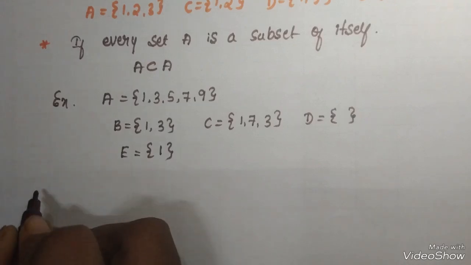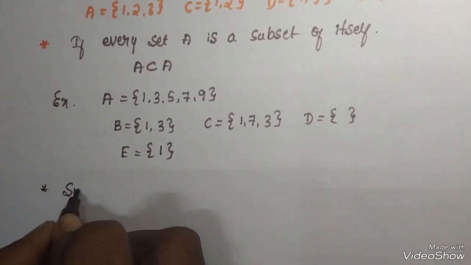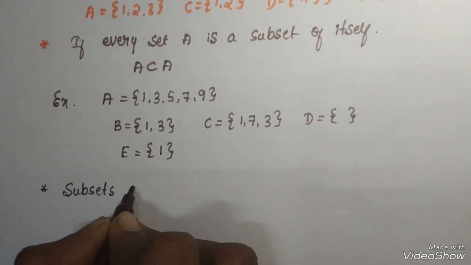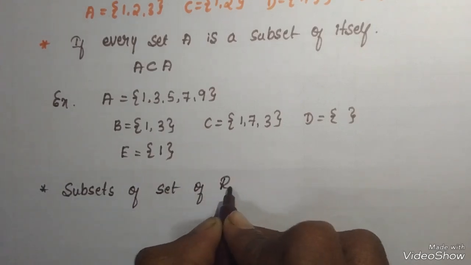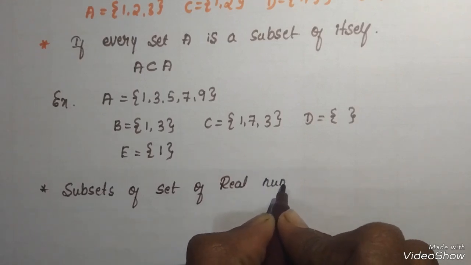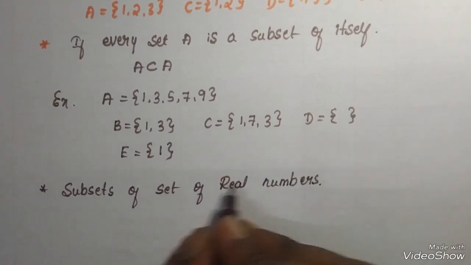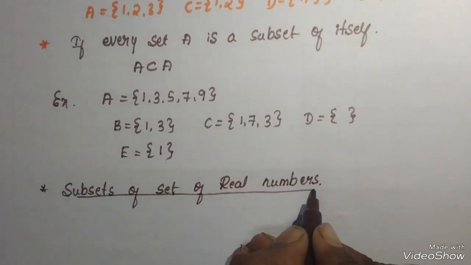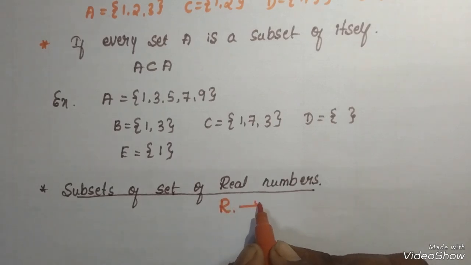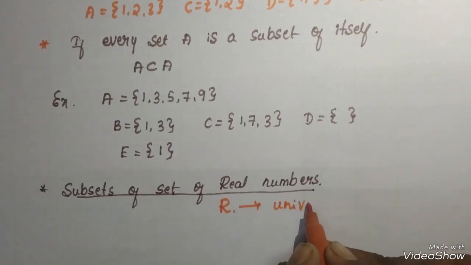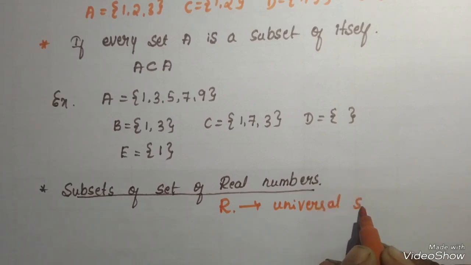In the number system, we know the real numbers. The set of real numbers is also called the universal set.